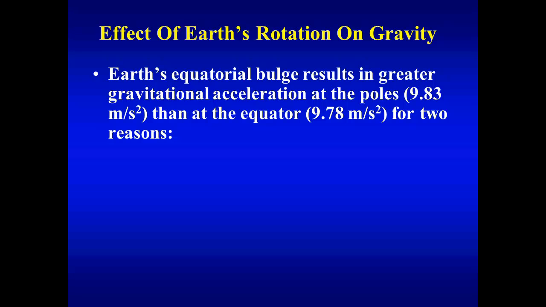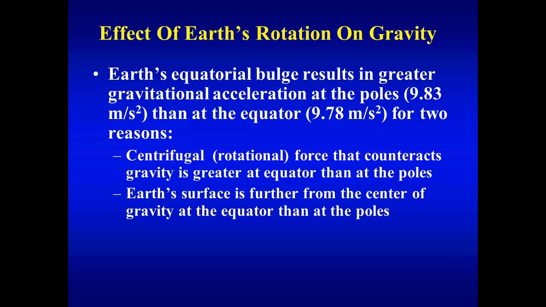Now, Earth's equatorial bulge results in greater gravitational acceleration at the poles relative to the equator, and this occurs for two reasons. One, centrifugal or rotational force, which counteracts gravitational force, tends to be greater at the equator than at the poles.